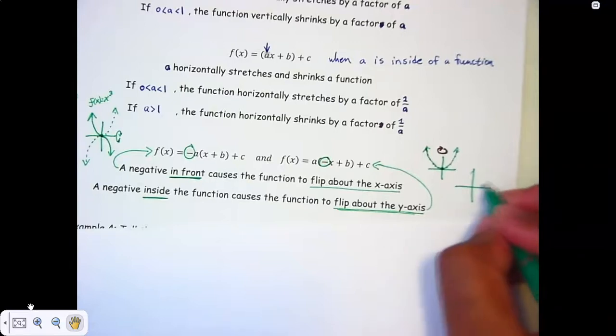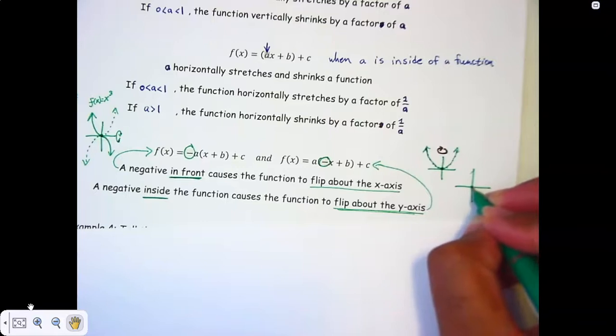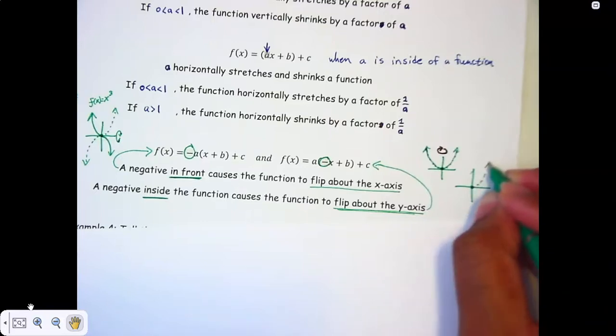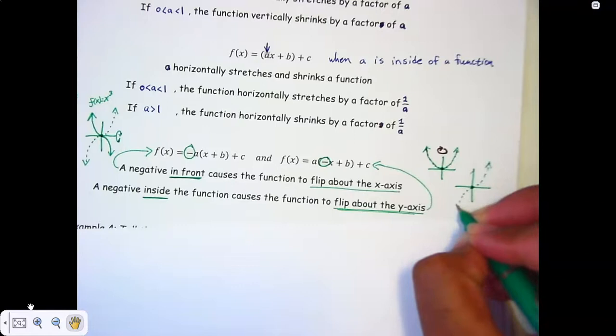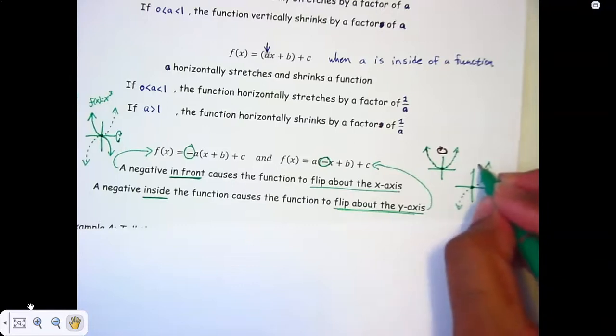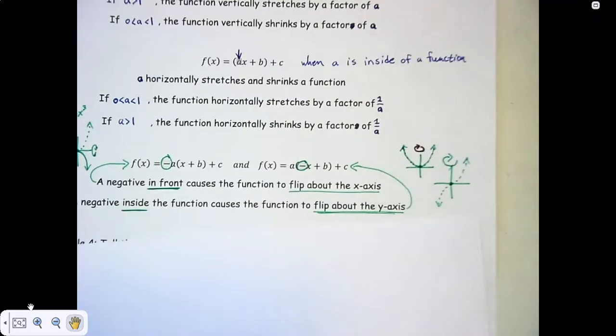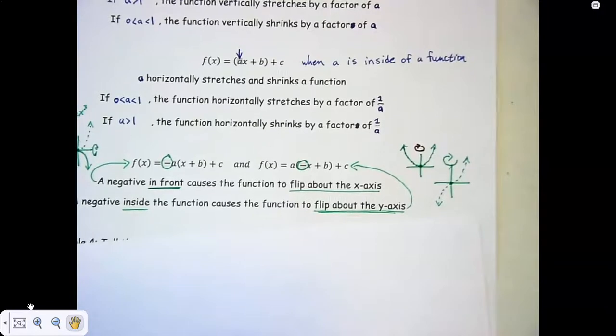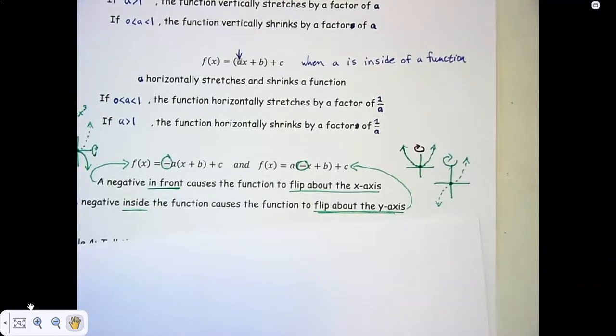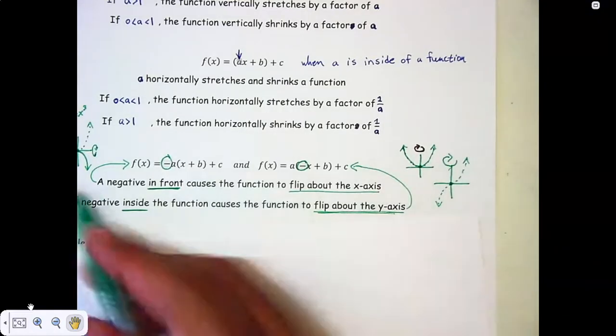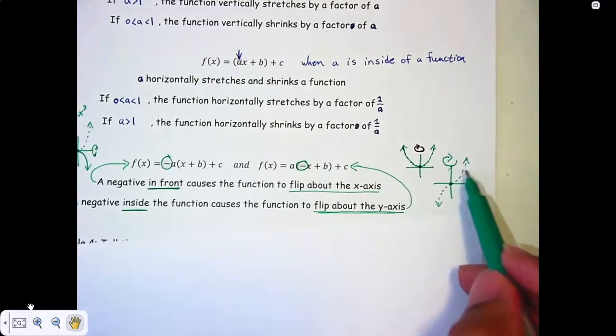But when it comes to this part here, flipping about the y-axis, let's say a cubic graph. For flipping it around the y-axis, this one's going to flip over here on this side.